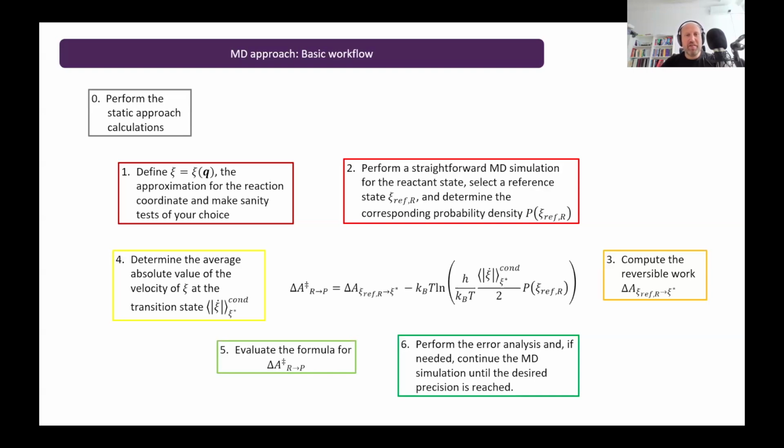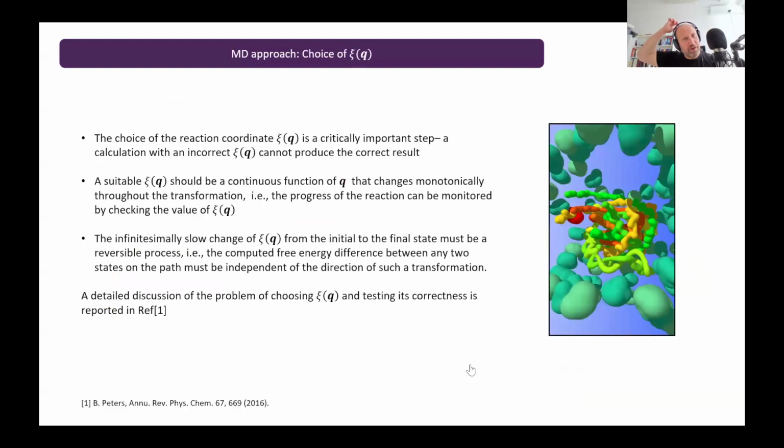And we can design our simulation protocol in such a way as to reach a certain precision, that means to obtain a result with uncertainty smaller than a certain threshold. This is good practice, and this is something I will talk about a little bit at the end of this talk. So the first task is to choose a reaction coordinate.